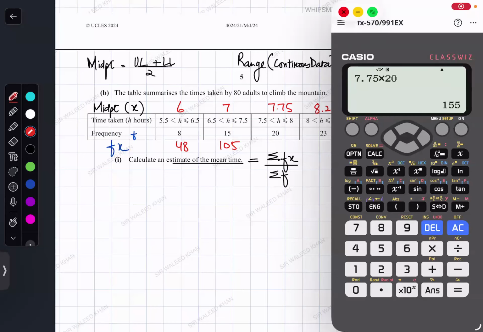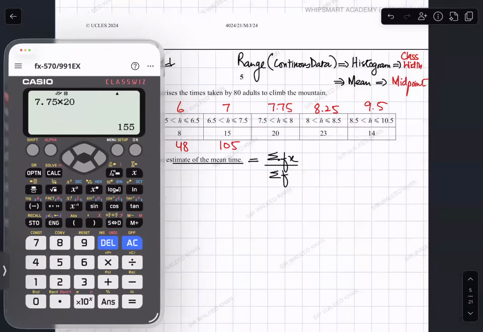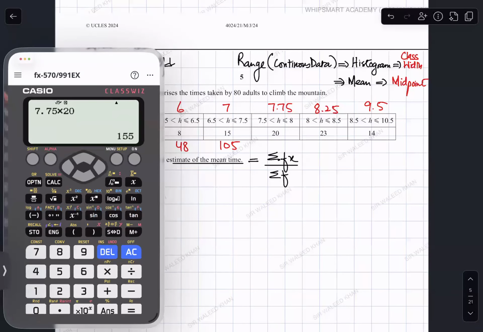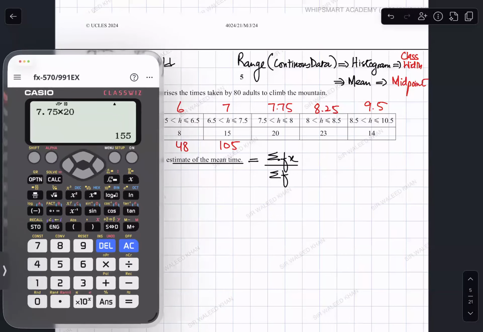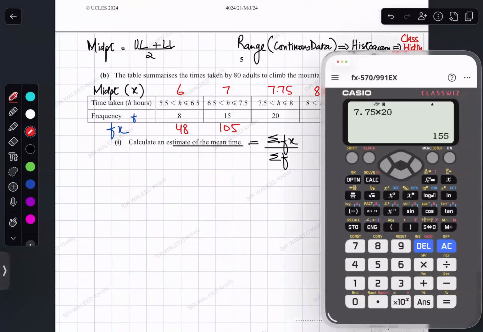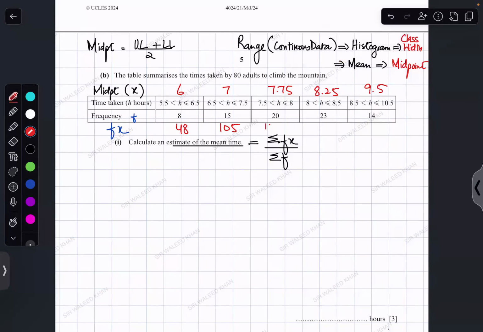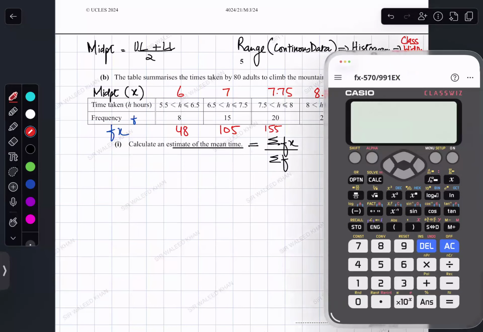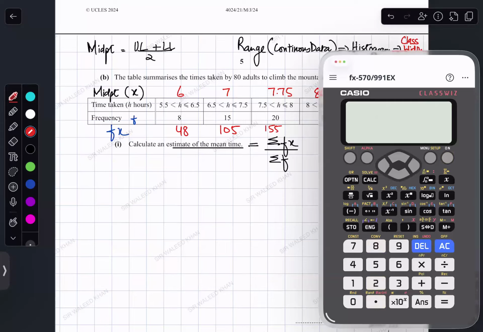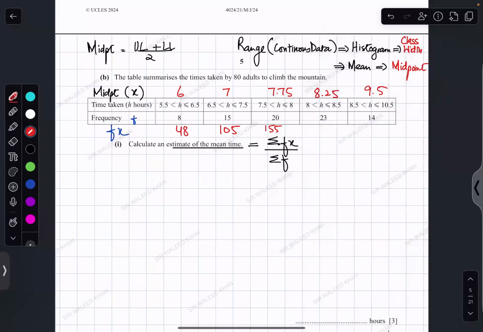Okay, I'll do it over here. 8.25 times 23. If you are getting values, keep telling me the values along with me. 8.25 times 23, that would be 189.75.